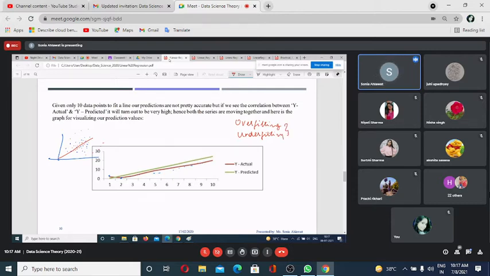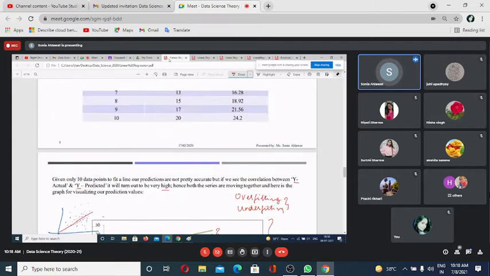So exactly what it is saying, given only 10 points to fit a line, our predictions are not pretty accurate, but if we see the correlation between y actual and y predicted, it will turn out to be very high because they are in parallel to each other. Hence, both the series are moving together, and here is the graph for visualizing our prediction value. So this is what we wanted.